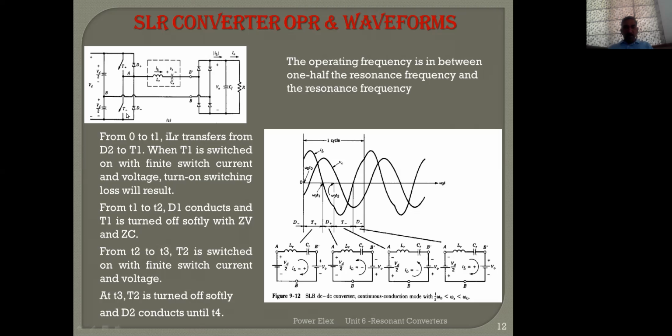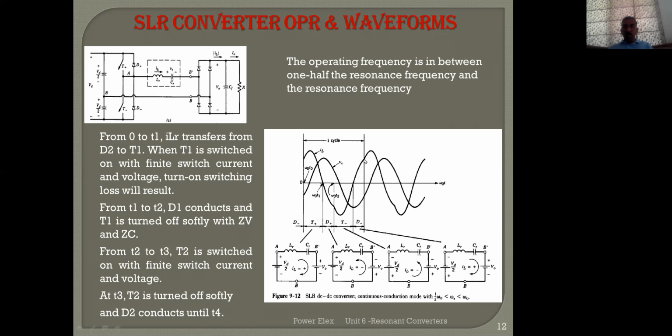This switch will be turned off, but the diode will keep on conducting. This diode turned on at this point before, and during this period they cross over, meaning T and D are both conducting, and then D2 conducts till this point.